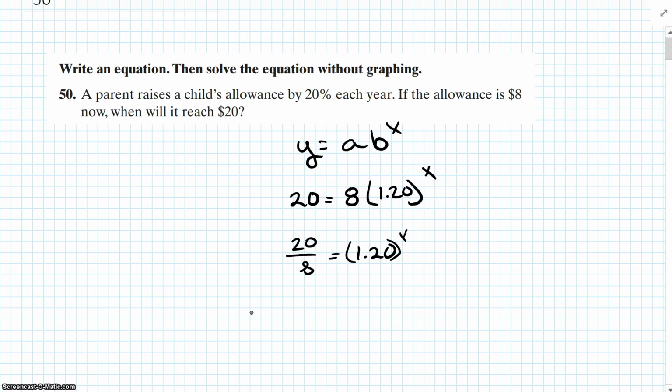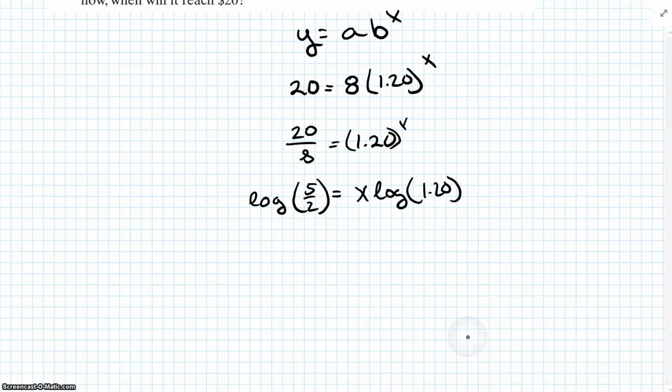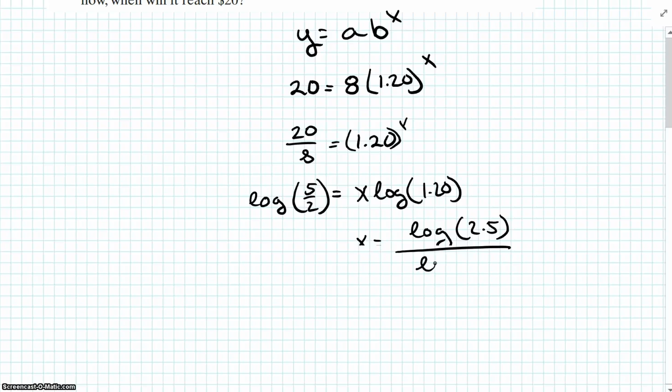So we're going to log both sides, so we're going to get the log of, okay, 20 over 8 divided by 4 would be 5 over 2, which is equal to x times the log of 1.2. So x is going to be the log of 2.5, which is 5 halves, over the log of 1.2.